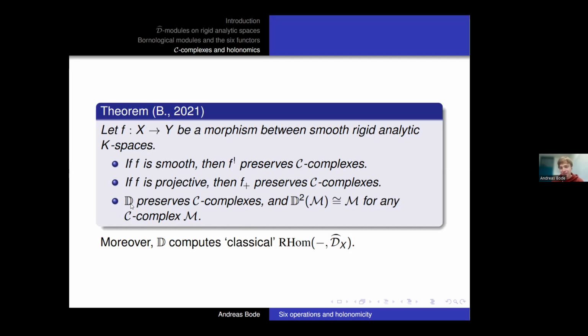this duality thing, that is really defined to be essentially R Hom into D_X in the complete bornological world, turns out to be the same as if you did this algebraically. So this computes standard D_X modules, if you like. You notice that when I'm working with C complexes, or if you prefer coherent modules, I need to impose lots of extra conditions to make this work, right?